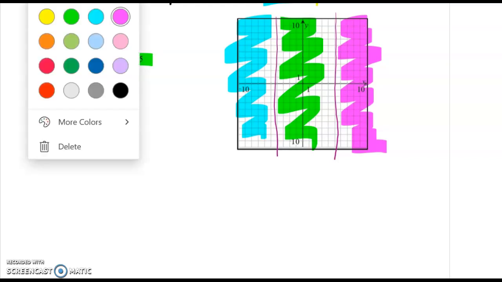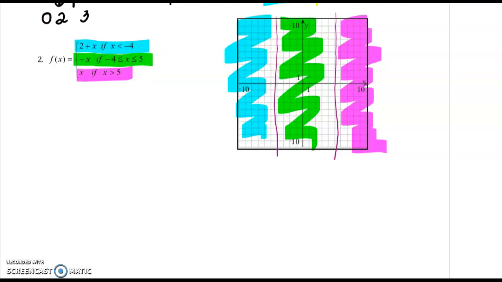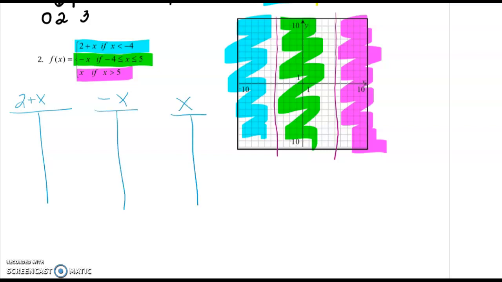Right? So there's 3 separate equations we're dealing with. Okay, so let's do a 2 plus x. Let's do a negative x. And let's do an x. Okay, so 2 plus x.